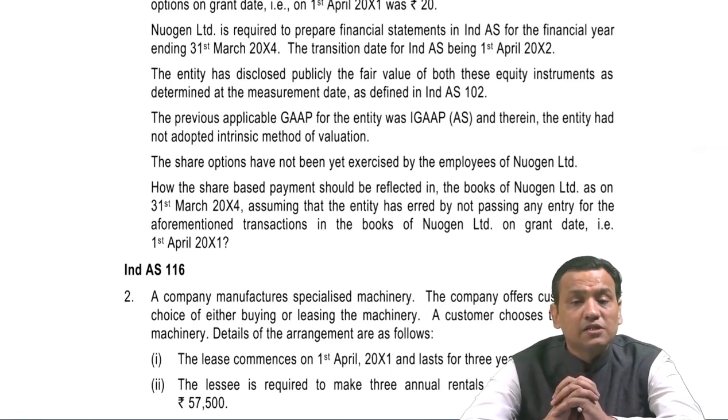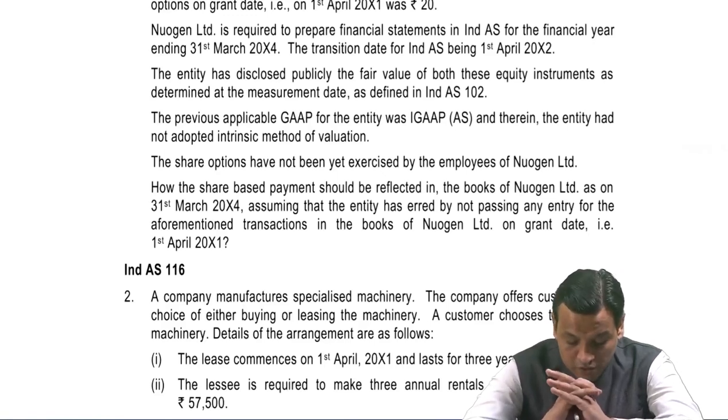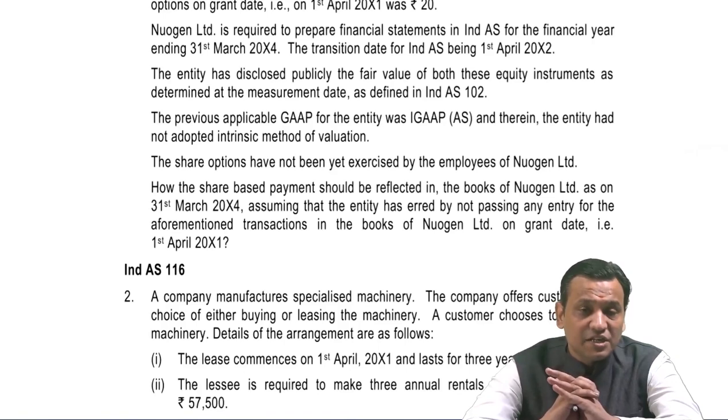The share options have not been exercised by employees of Newgen Limited. How should the share based payment be reflected in the books of Newgen Limited as on 31st March 2004, assuming that the entity has erred by not passing any entry for the aforesaid transaction in its books on the grant date, that is 1st April 2001?